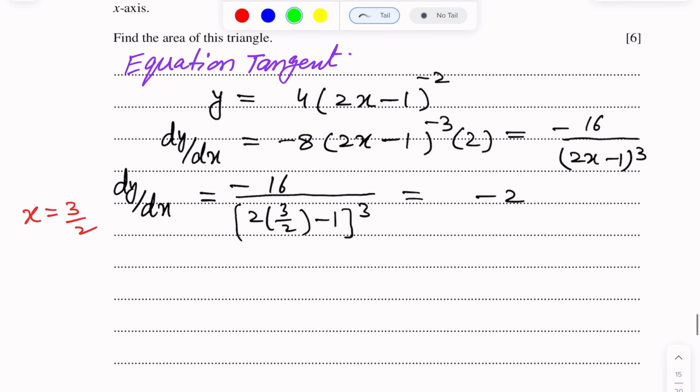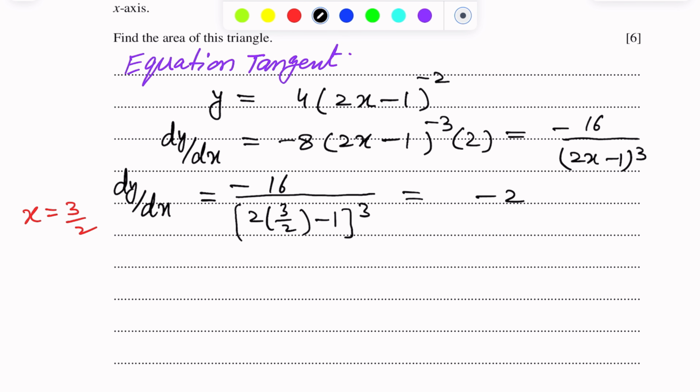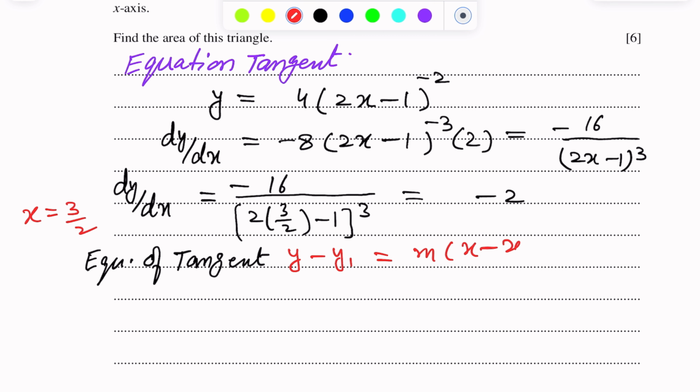The equation of the tangent will be y minus y1 is equal to m times (x minus x1).